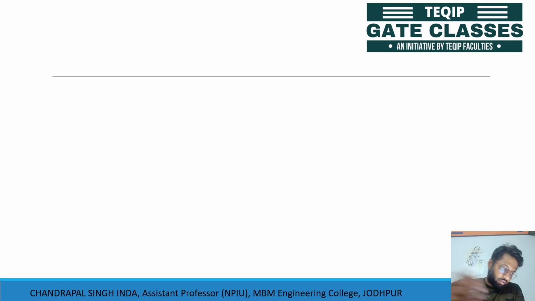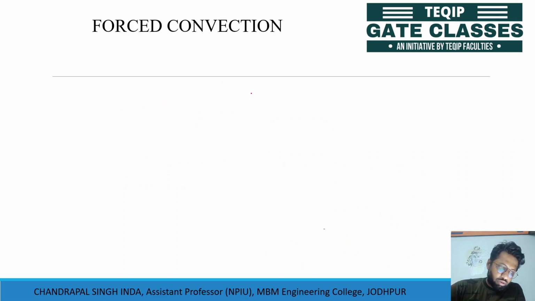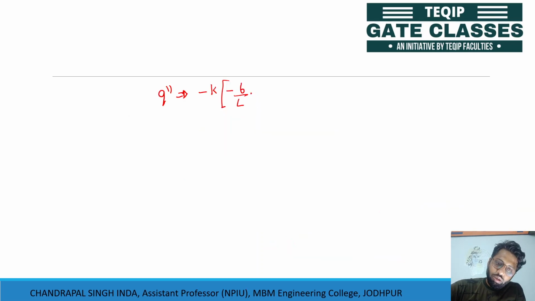So here q double dot, the heat flux, is equal to minus K into minus B by L multiplied by (T wall minus T infinity). So we have the value of the heat flux.